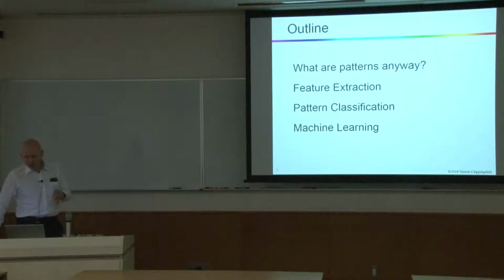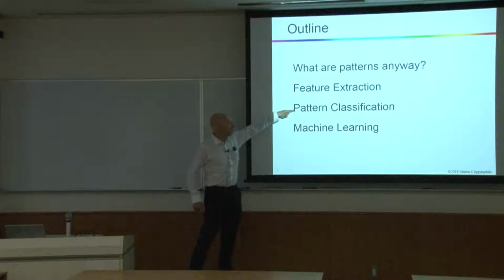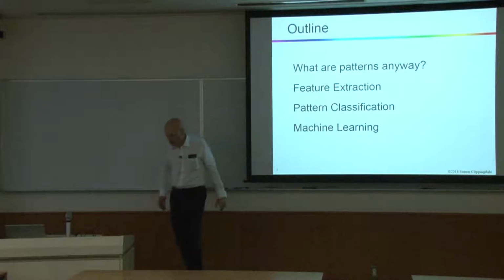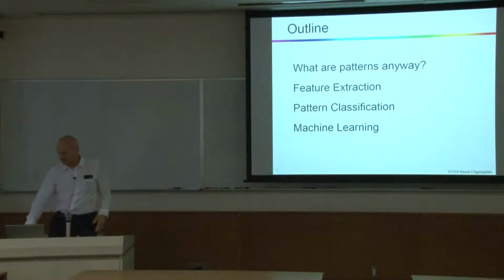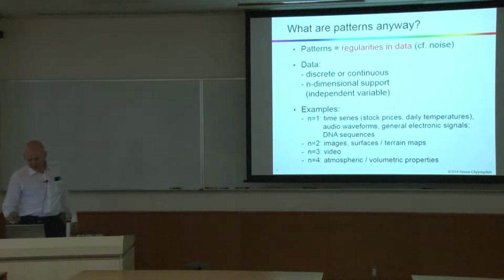I'm going to try to get nearly all the way through pattern classification today, because machine learning has not so many slides as these, but it's more dense. So I'm hopefully going to have most of next week on the machine learning material. It's also increasingly important relative to feature extraction in particular. So, straight in we go.